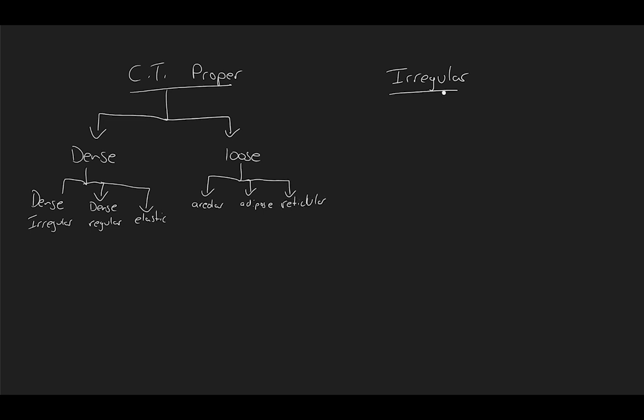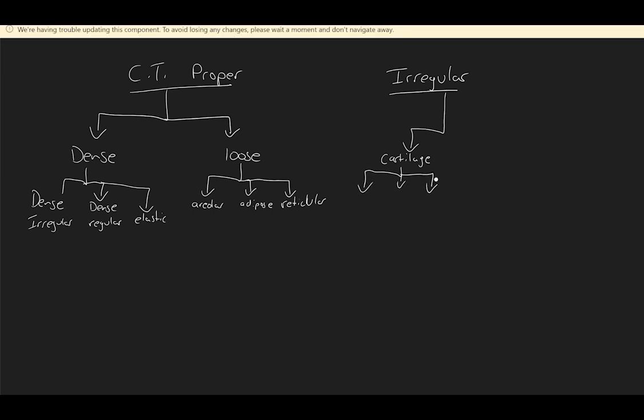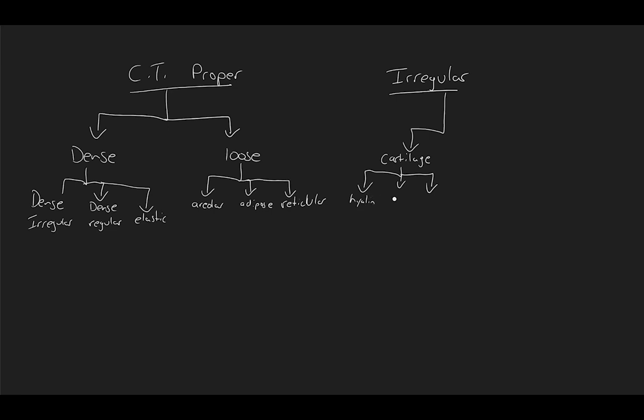Our irregular connective tissues, that's going to be our cartilage, and there are three types of cartilage. There is hyaline cartilage, fibrocartilage, and elastic cartilage.